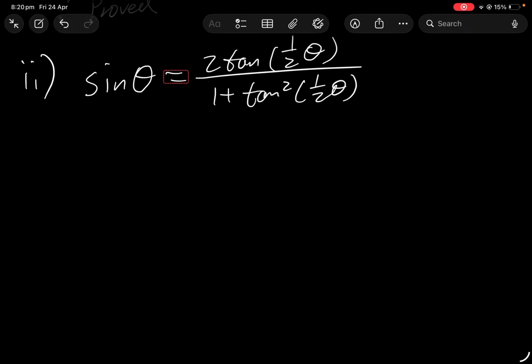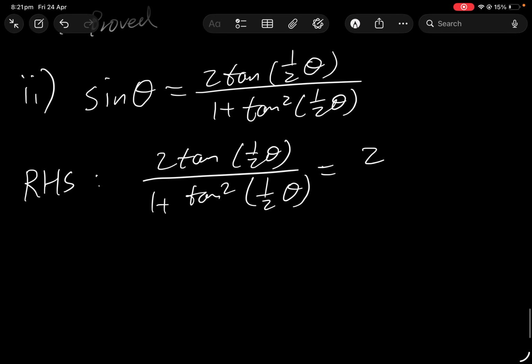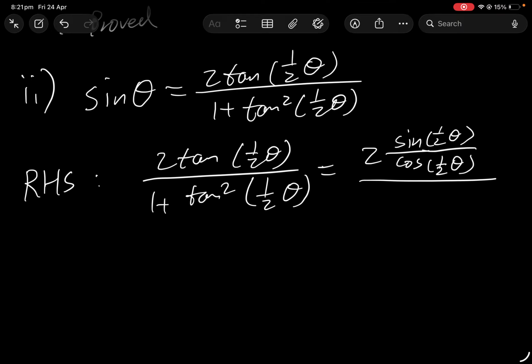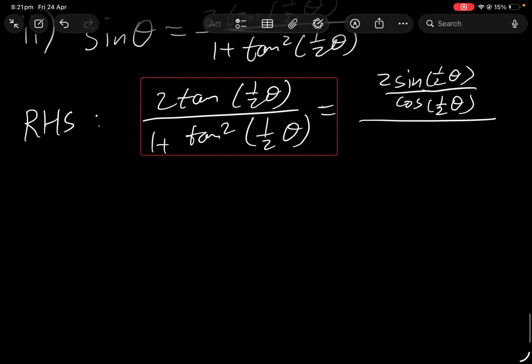We'll do basically what we did last time by making them into sine and cos first. We can't do anything with the sine, so we still have to work on the right hand side. So 2 tan half theta over 1 plus tan squared. This becomes 2 sine over cos half theta, all on top of, well, we can just move the 2 to the top so it's one fraction.